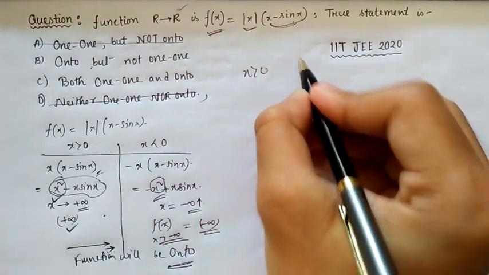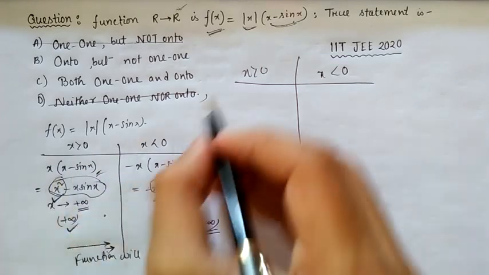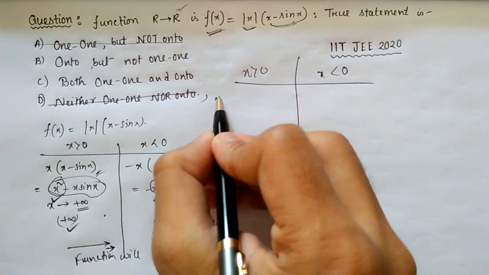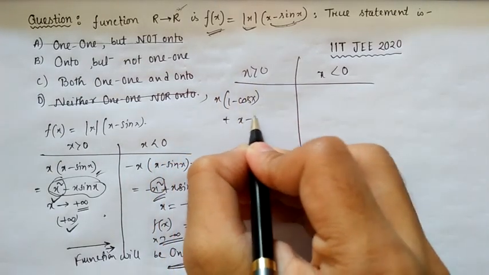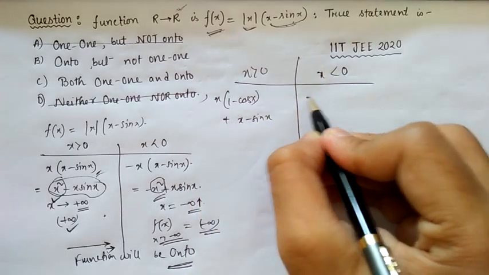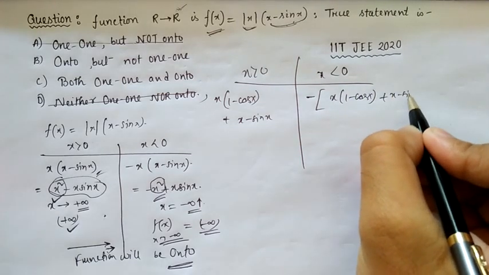For x greater than 0 and for x less than 0, by applying the chain rule, we get x into (1 minus cos x) plus (x minus sin x), and here we get minus of x(1 minus cos x) plus (x minus sin x).